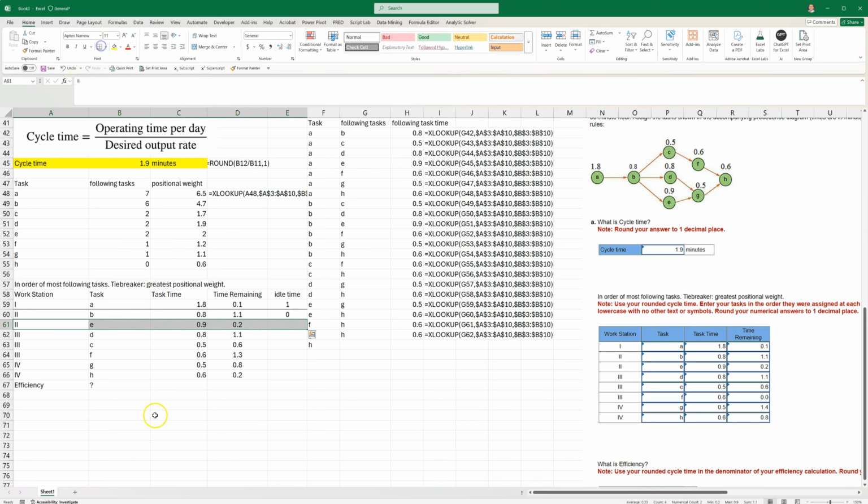So let's underline that. And we know this has an idle time too of 0.2. There's 0.2 remaining, and we know we only have 2.2 minutes left. So now we got to jump into the next workstation, and that's 0.8. Well, there's going to be 1.1 remaining, right? And then there's 0.5 left. And after you use the 0.5, there's 0.6 remaining. And then, okay, so this should be 0. So what did I do wrong here?